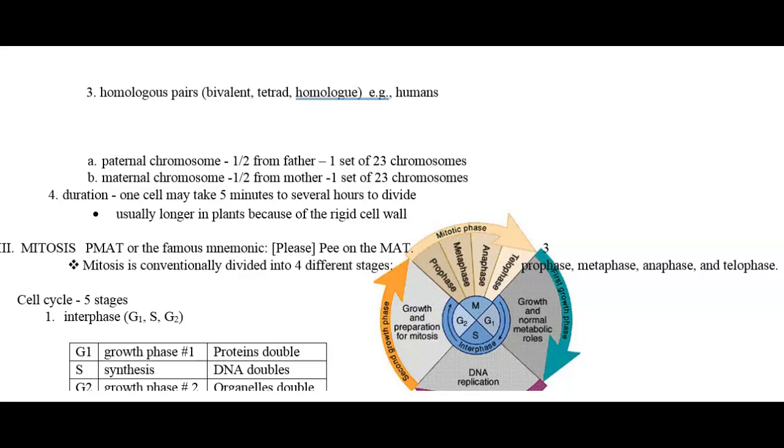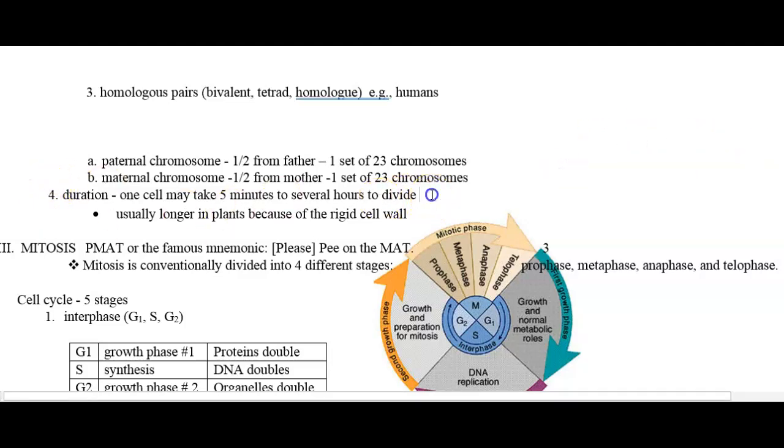It's called a tetrad, meaning 4, because you have 2 dyads. Alright, 2 dyads, and each dyad has 2 chromatids. So 2 times 2 is 4. It's also called a homolog. Homologous pair, homolog. Again, half from the mom, half from the dad. We'll talk more about that later.